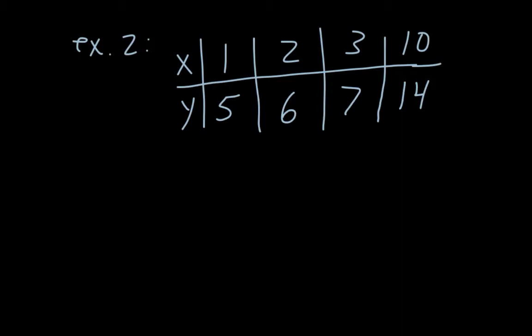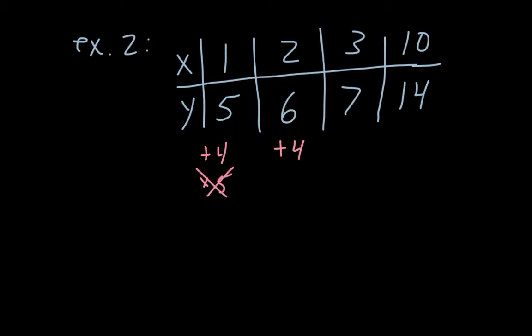This first one, we could say we're either going up by 4 or we're multiplying by 5, right? Which one of those works for my 2, 6 and my 3, 7 and so on? Plus 4 works. The times 5 doesn't, because 2 times 5 would give me 10 right there.